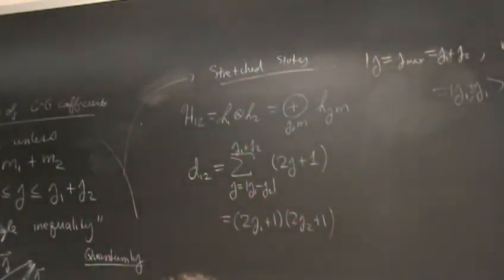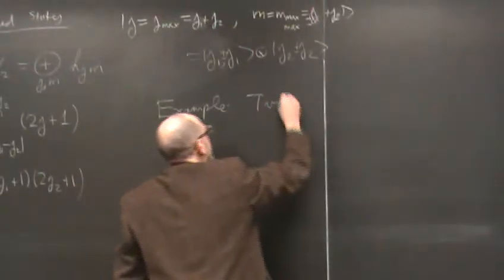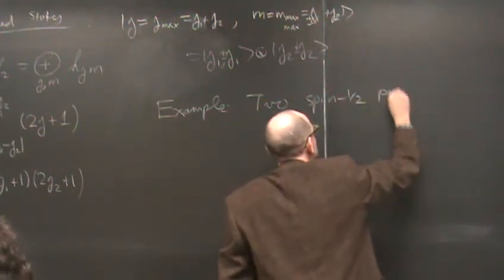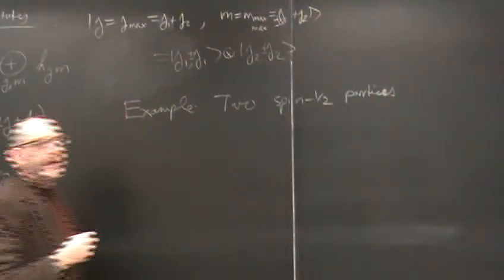What we were talking about in the last 5 minutes of the class was just an example of 2 spin 1/2. Okay, so we're adding the total spin.